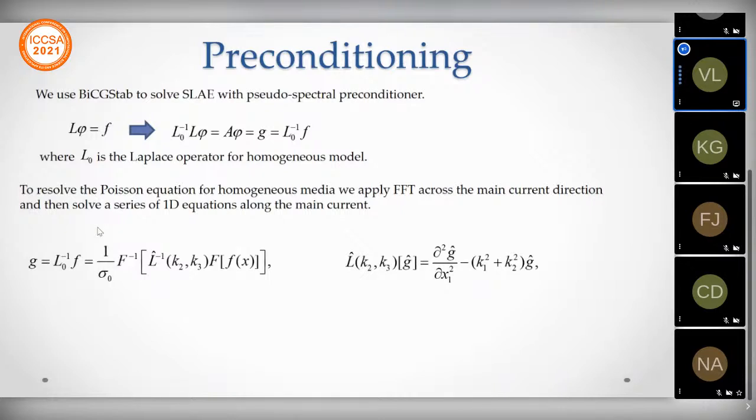So it's quite easy to approximate the Poisson equation using finite differences, and then we need to solve the system of linear algebraic equations. What we are using here is, of course, BiCGStab. It's just a standard tool. But the main thing here, of course, is the preconditioning.